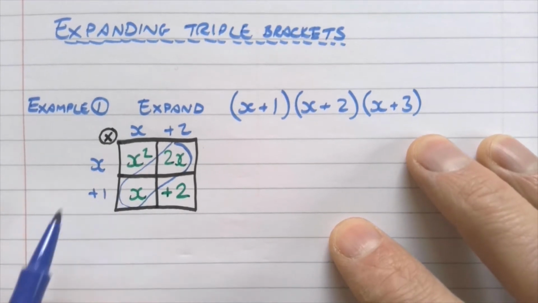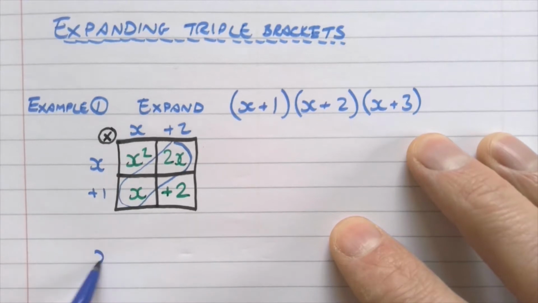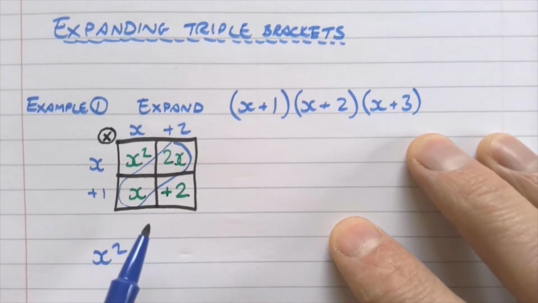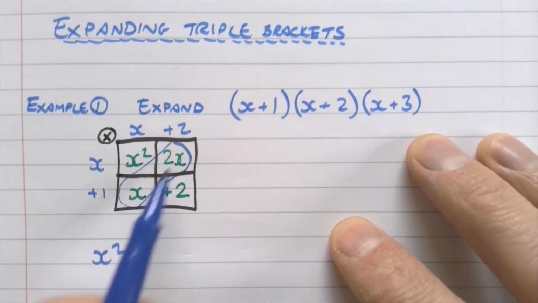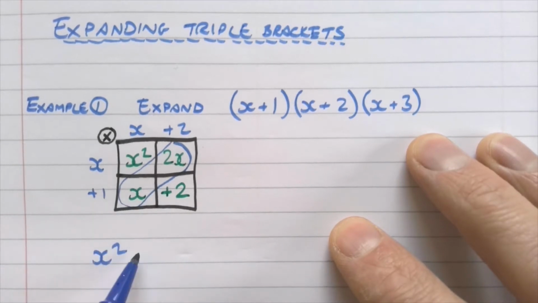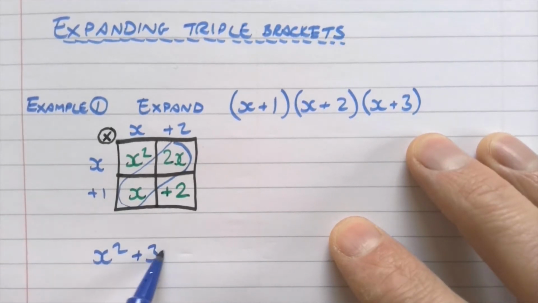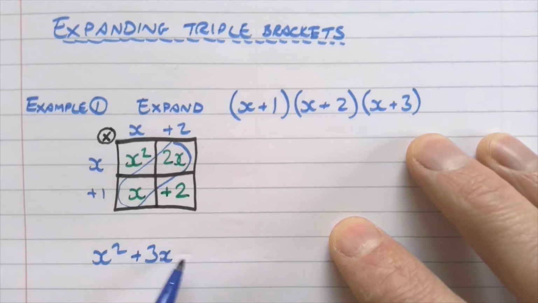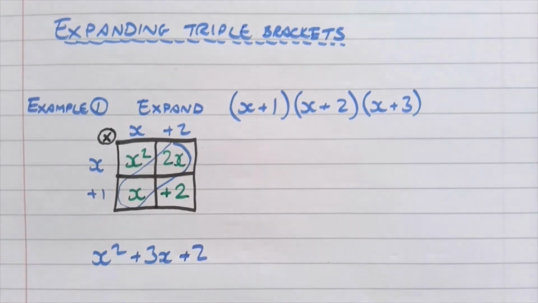So we've got x squared, that's the most important term. The next most important term are the x's on their own, so that's positive 3x, and just a positive 2 there, so it looks like a quadratic.